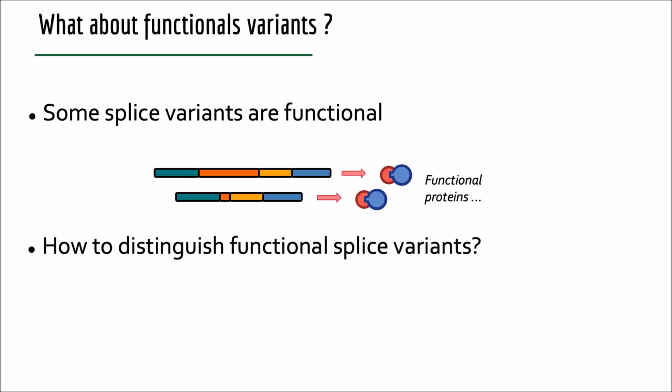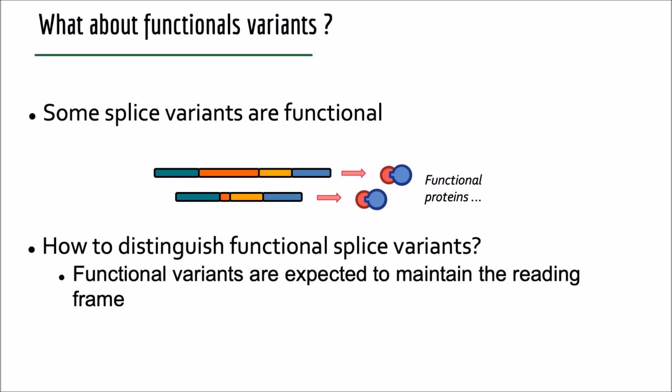So how can we distinguish functional splice variants from the erroneous ones? For those splice variants that are functional and that produce proteins, we expect them to maintain the reading frame.